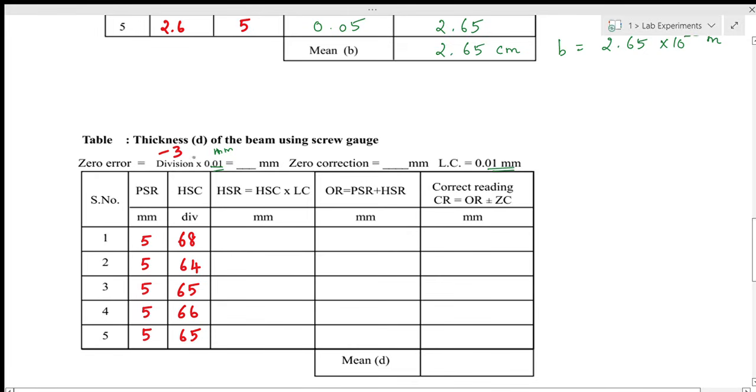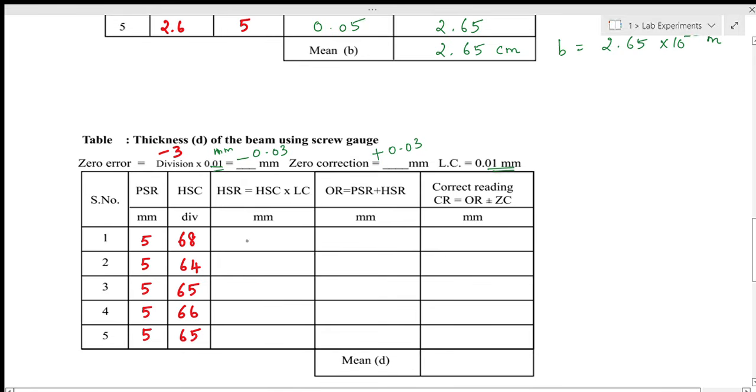Therefore, -3 into 0.01, you got -0.03 mm, and the zero correction is opposite to that of the zero error, plus 0.03. So here the pitch scale reading is 5 and the head scale coincidence is taken as 68, 64, 65, 66, 65 divisions.